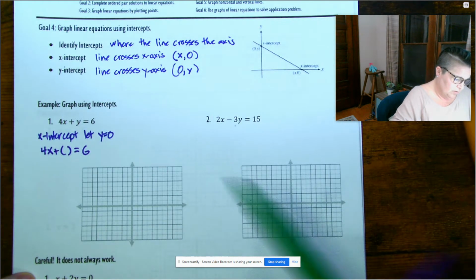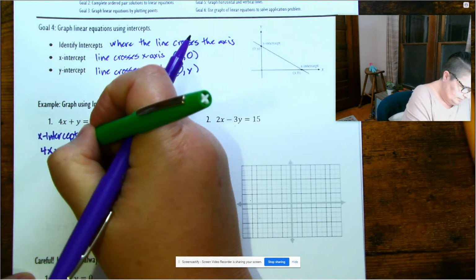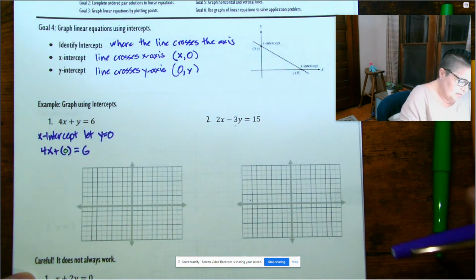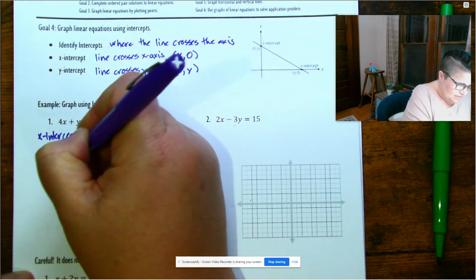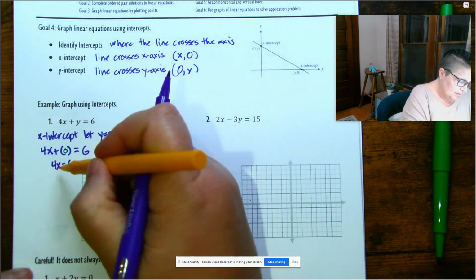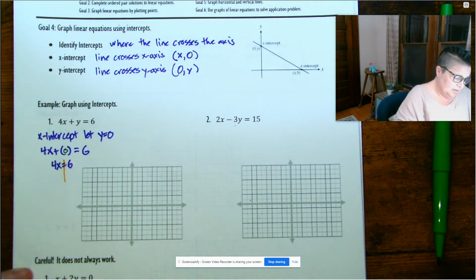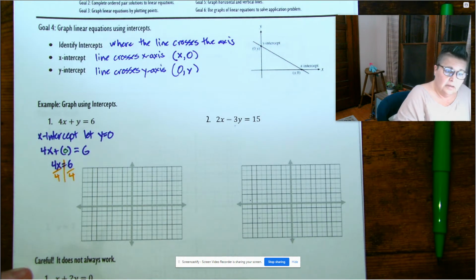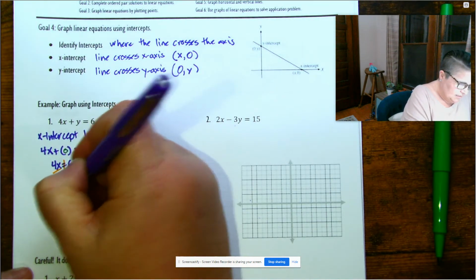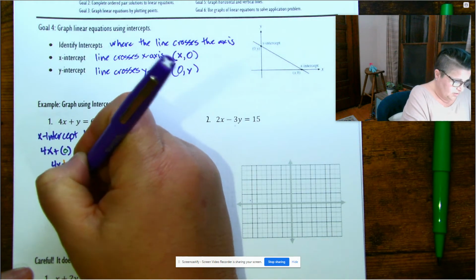So I'm going to put my 0 in, right? That's going to give us 4x equals 6. Now to find the x, I'm going to divide by 4, and we will get x is equal to 6 over 4, which is 1.5.